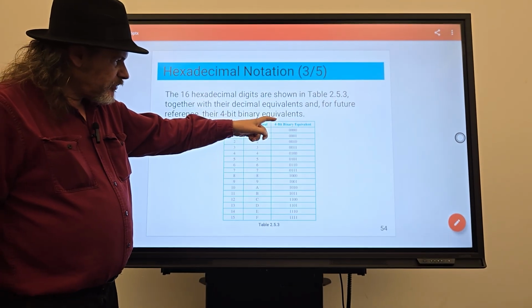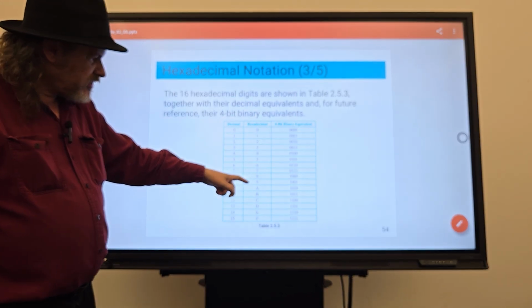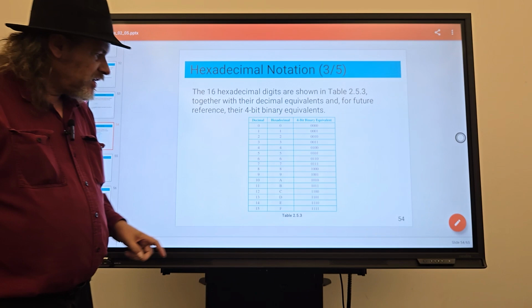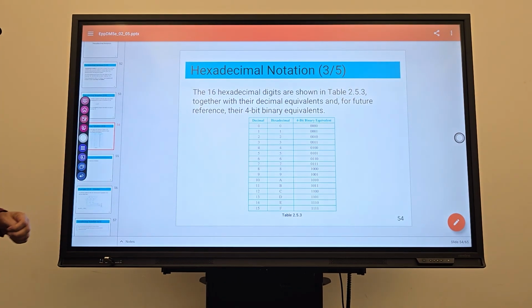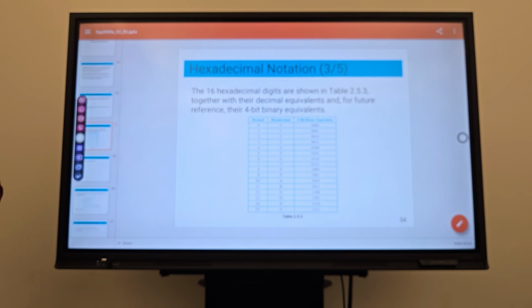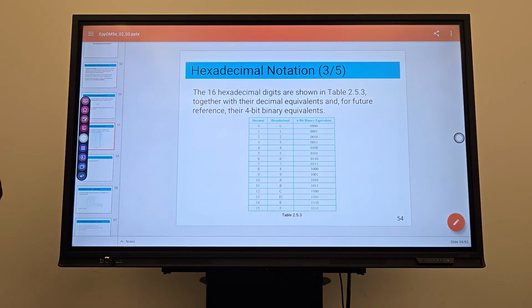Hexadecimal digits go from 0, 1, 2, 3, 4 to 9, and then go to letters A, B, C, D, E, and F. A nice thing about hexadecimal is there is a 4-bit binary equivalent. 4 bits is 16 combinations, so there's a 1-to-1 correspondence between hexadecimal digits and the 4-bit binary.